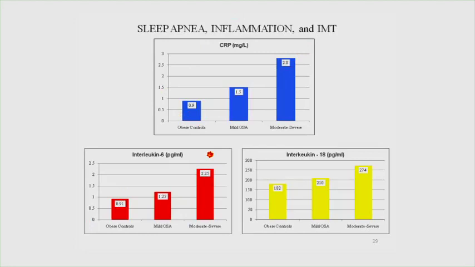The greater will be your interleukin-6. The greater will be your interleukin-18. That's another inflammatory mediator. So repetitive total body hypoxia from sleep apnea does to your body kind of what hypoxia in visceral fat does when you're overweight. It initiates an inflammatory immune response. Here it's the entire body.